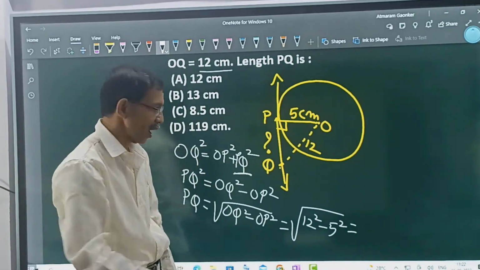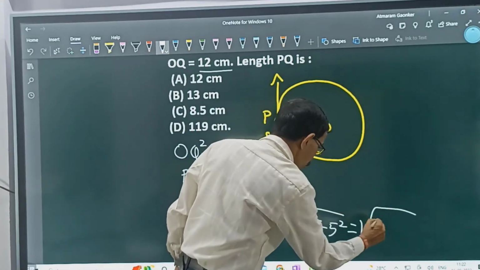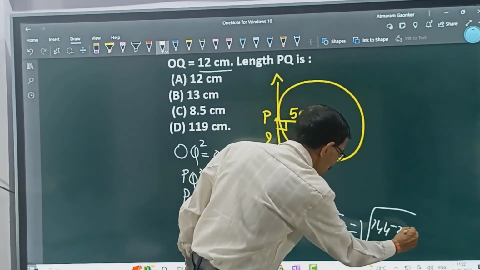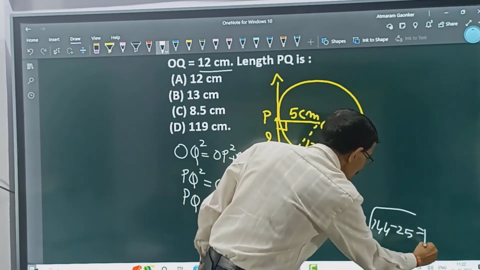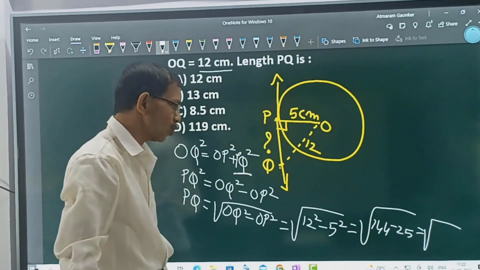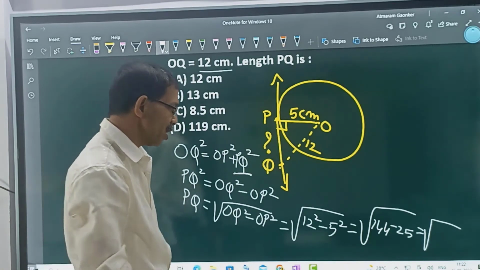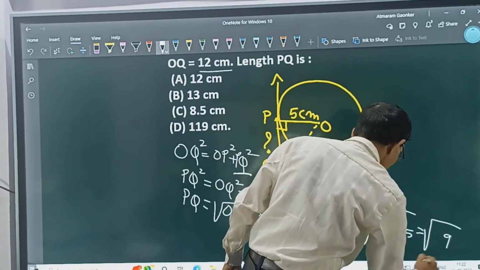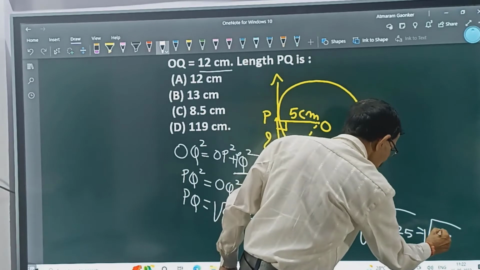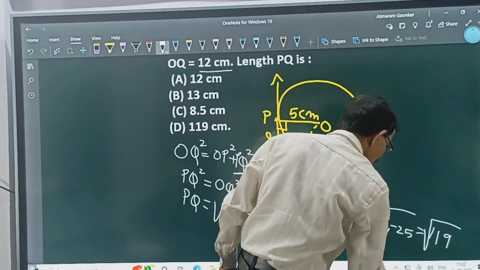So this will work out as equal to 144 minus 25. This will work out as square root of, so 14 minus 5 works out to be 9, 3 minus 2 works out as 1.